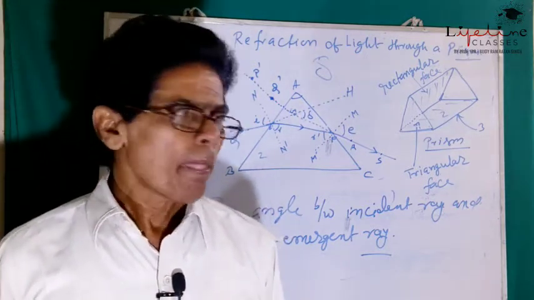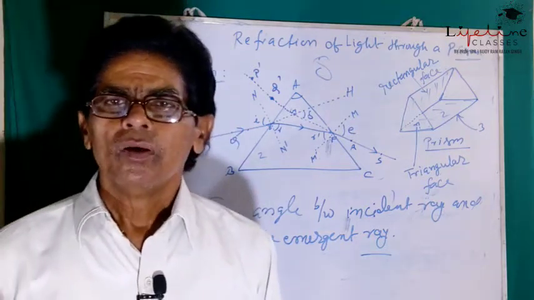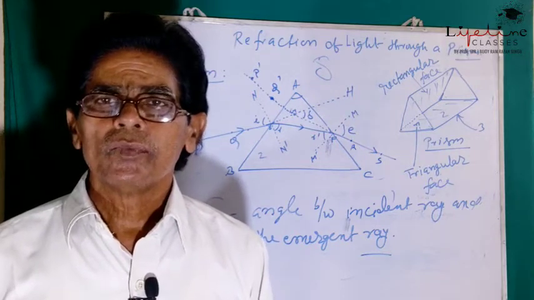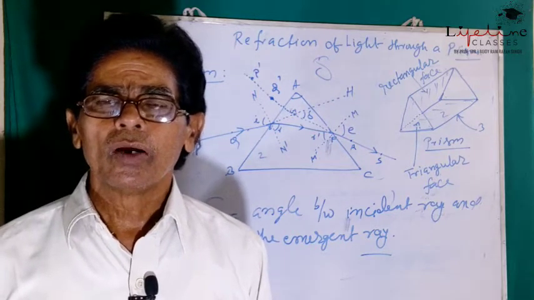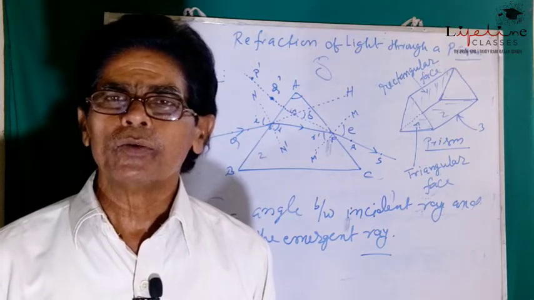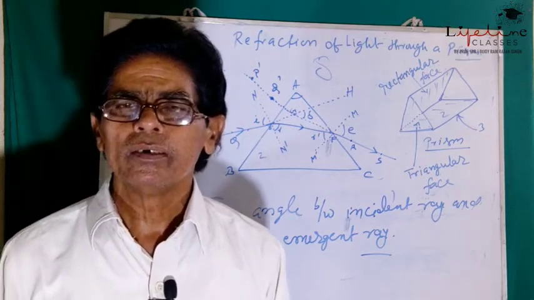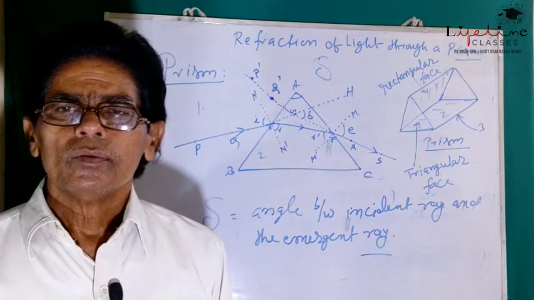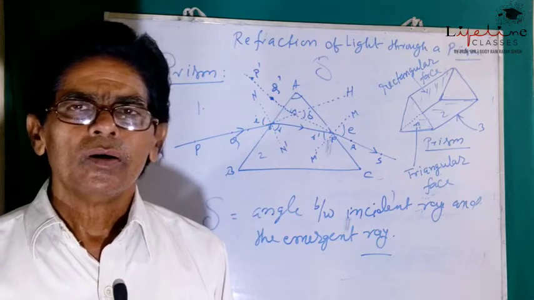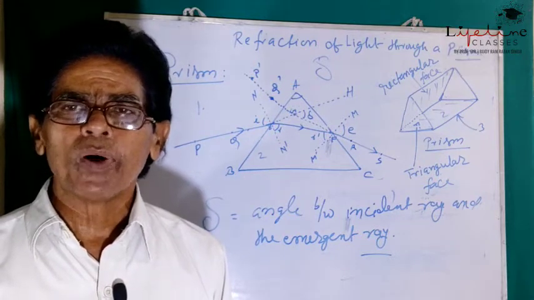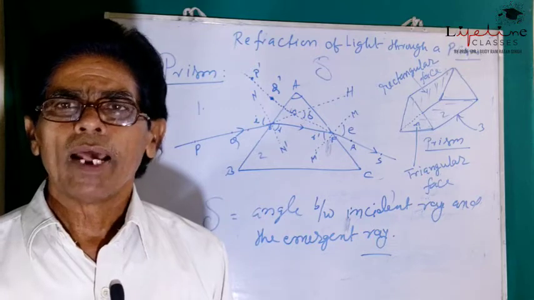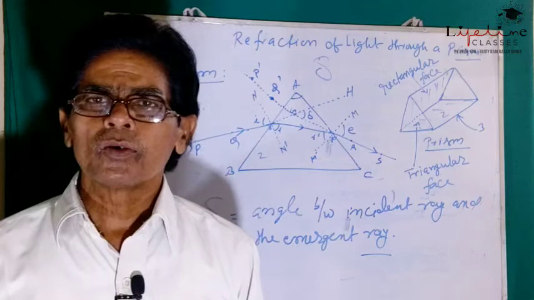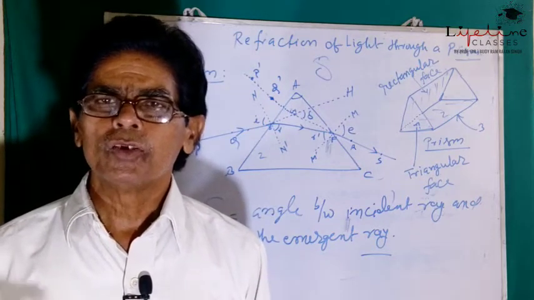I think you may ask that the velocity of light is a constant, equal to 3.0 × 10^8 meter per second. It means all the white light as well as all the components of white light should have traveled with the same velocity, but that is not true in this situation.